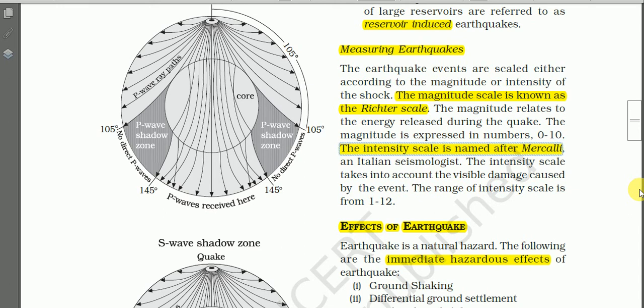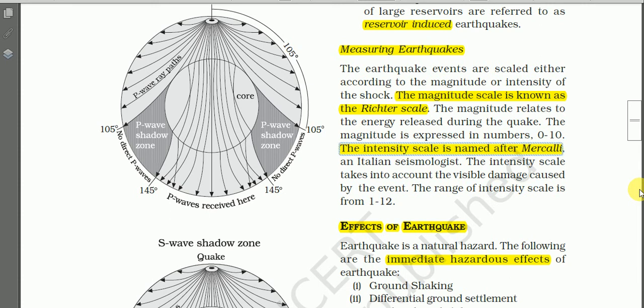And for the Mercalli scale, the intensity scale ranges between 1 to 12. As I told you, Mercalli scale 1 means human beings do not feel the tremor, and Mercalli scale 2 means if a person is at rest, sitting quietly, he may feel it.